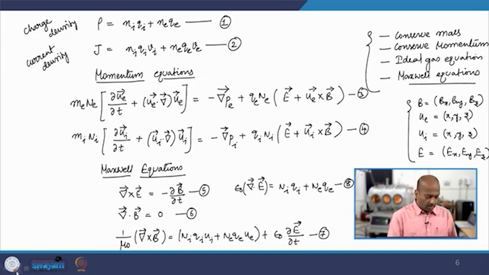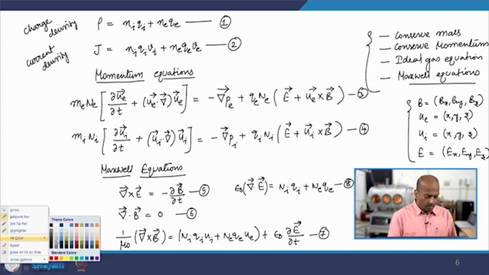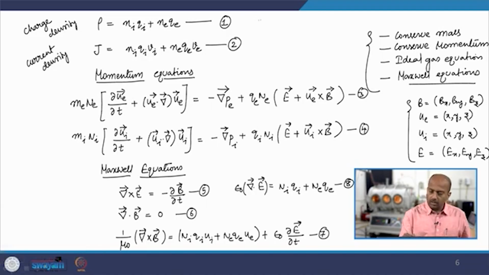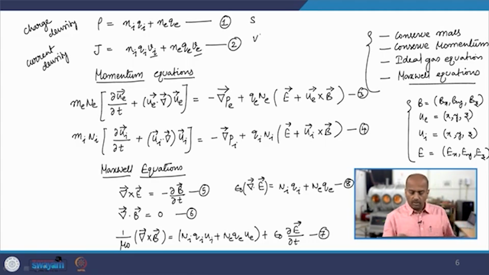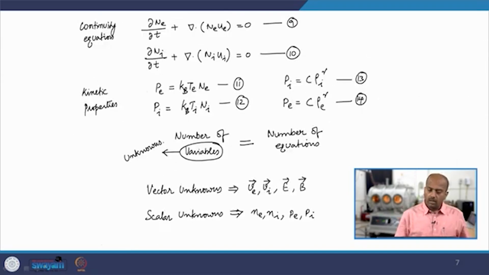Since velocity is present, this is a vector equation, this is a vector equation, and these are also vector equations.